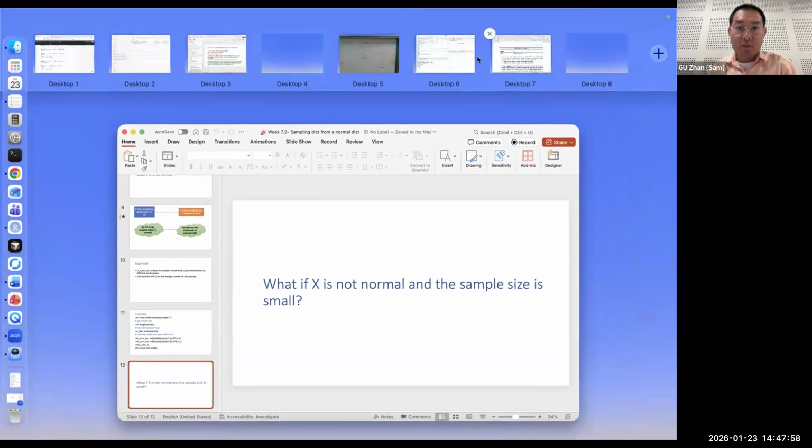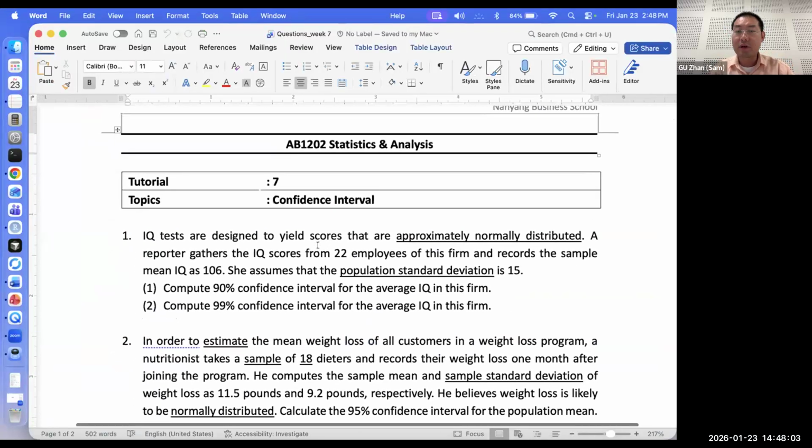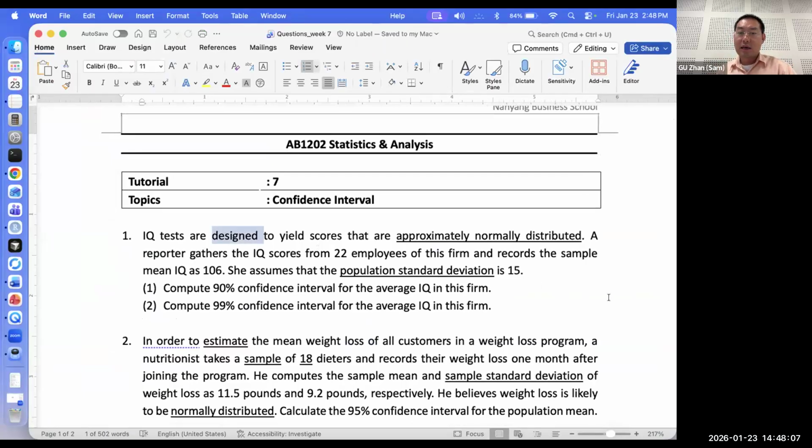Next we are going to look at the tutorial. IQ tests are designed to yield scores that are approximately normally distributed. So they already tell you the population is normally distributed. Then a reporter gathers the IQ scores from 22 employees.